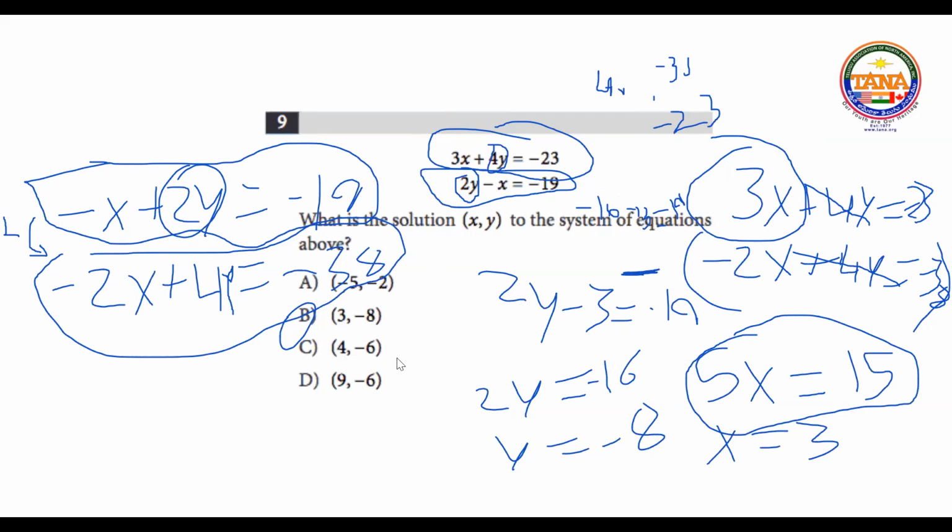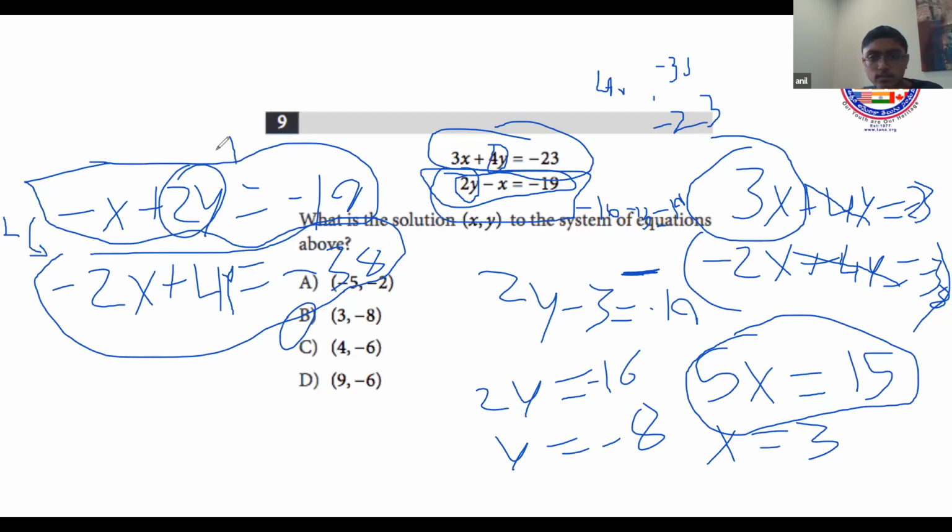Sign? So how do you get negative 2x plus 4y equals negative 38 for the second equation? Okay, so basically what I did is I first rearranged this equation over here.